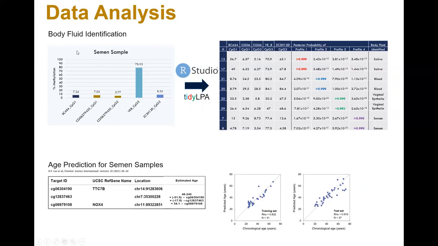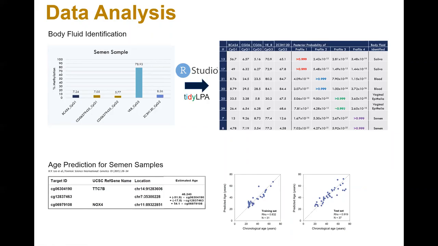For example, this is the profile for semen: we see hypomethylation at 4 of the sites and hypermethylation at this VE8. So what I did was use a statistical analysis called latent profile analysis.